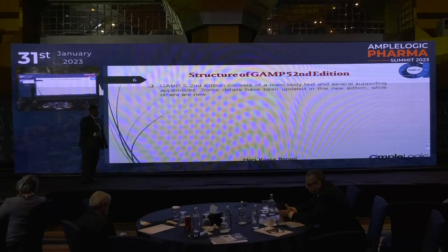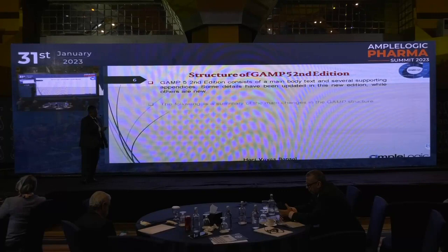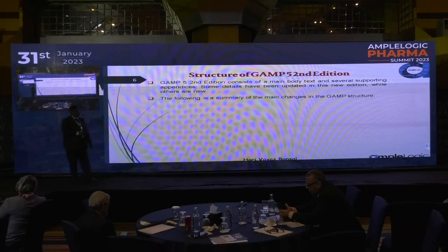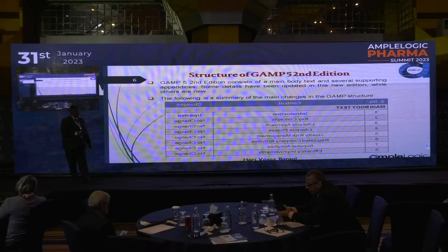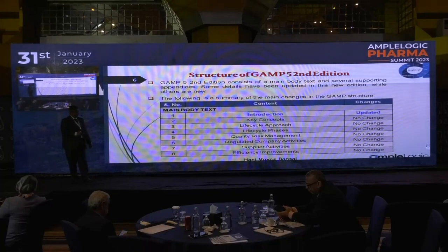What is the structure? The main body remains the same. There are some appendices which have been changed, and let us see what has changed. So this was the earlier index of the previous GAMP 5. The only change was in the introduction part, whereas other sections have not been changed anywhere in the GAMP 5 second edition.